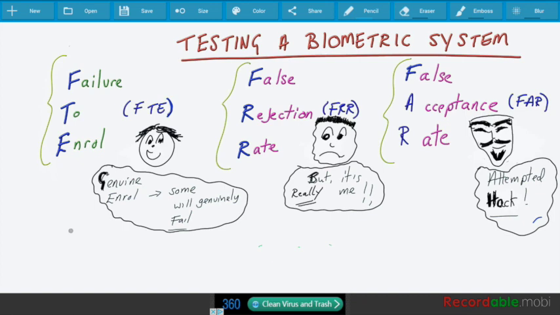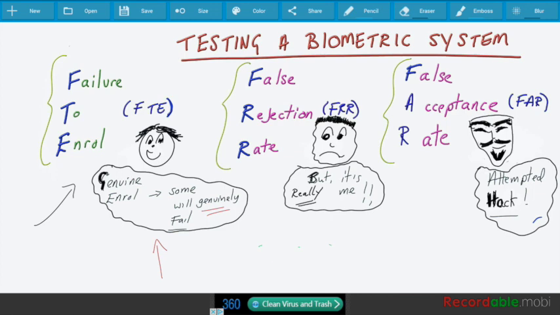And the first one obviously being the failure to enroll. That's the situation when you're just enrolling people, and some will genuinely fail to enroll a couple of times before they actually do get enrolled, or maybe they just fail completely and their biometric just can't be uploaded to the system.